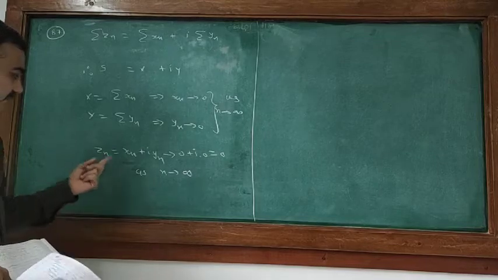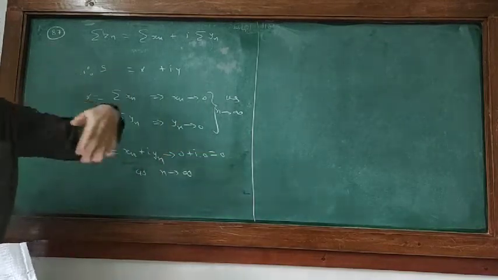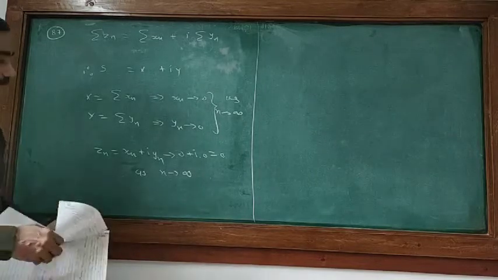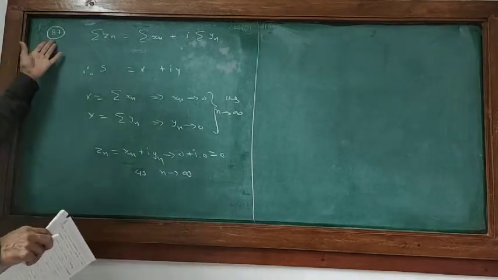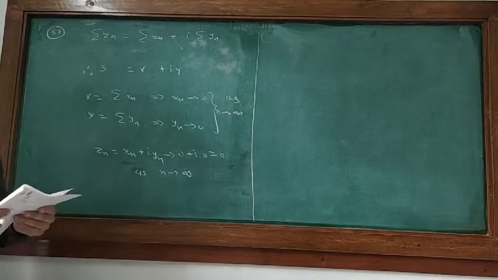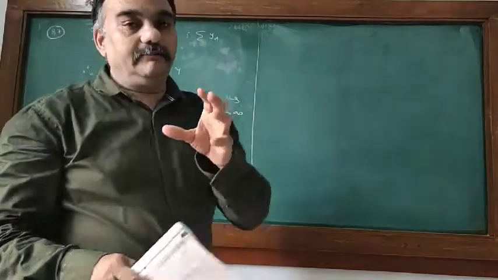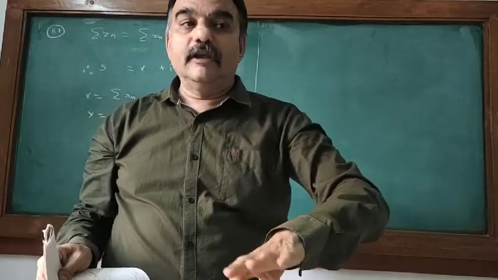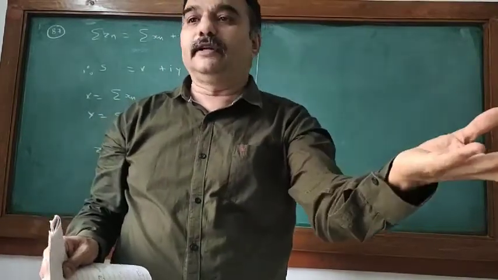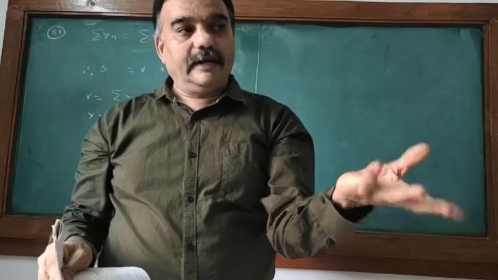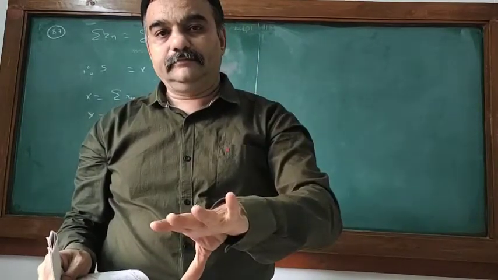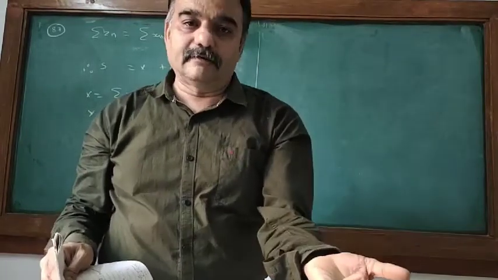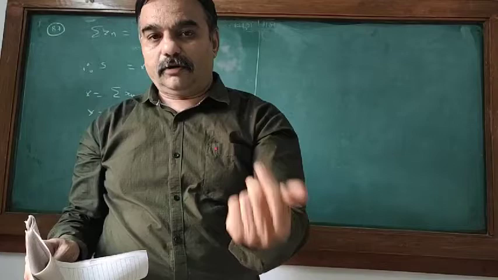Therefore Zn converges to 0 as n tends to infinity. So this is corollary 87. Corollary means a small theorem which depends on some theorem. Lemma is also a small theorem. Corollary is a small theorem, but it depends on some theorem, and in mathematics we call it a corollary.